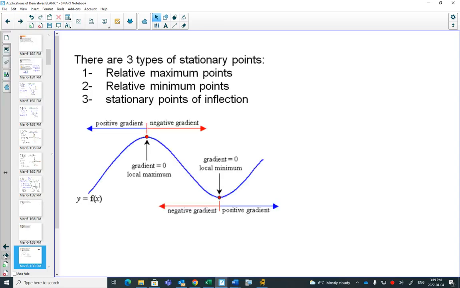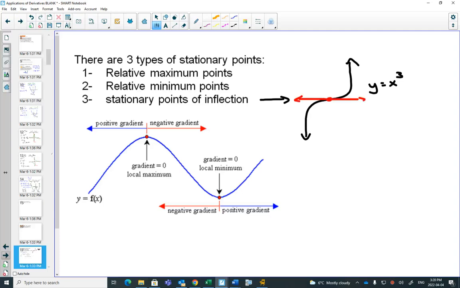There are 3 of them: maximum points, minimum points, and stationary points of inflection, which shows up on an x-cubed graph, where the derivative is equal to 0 at that point, but it actually doesn't change from positive to negative as far as the slopes go.